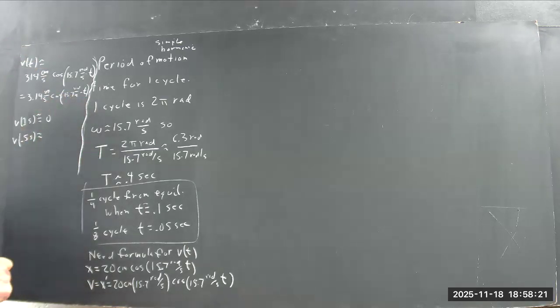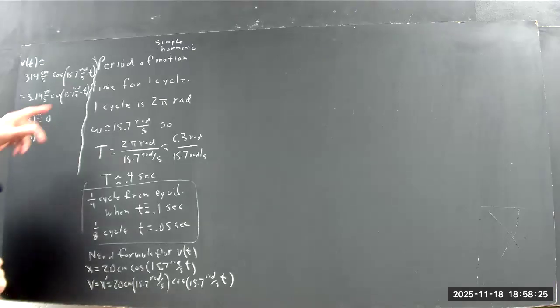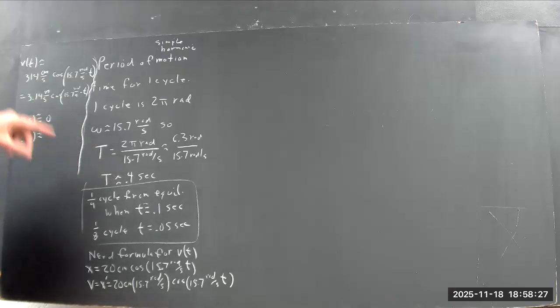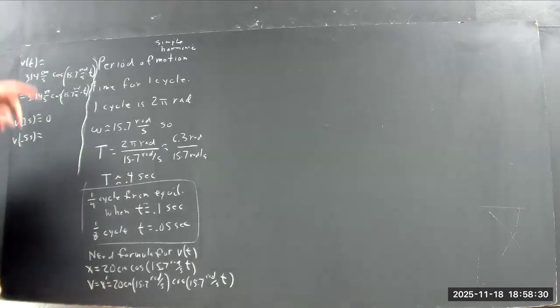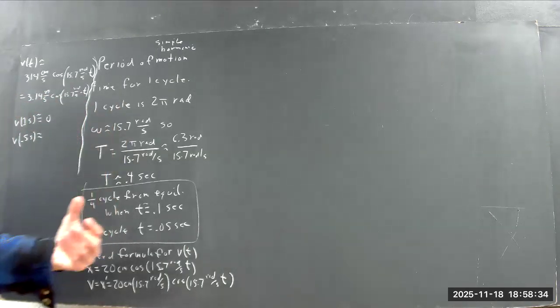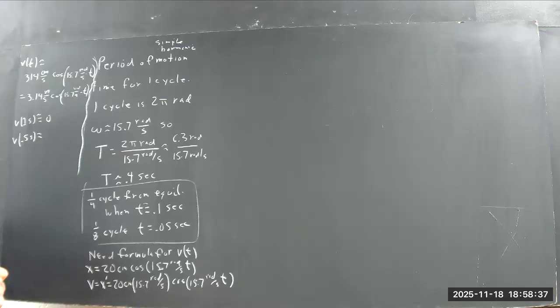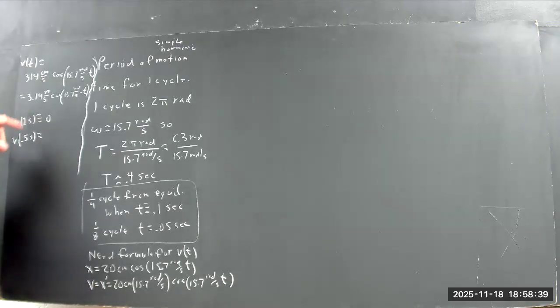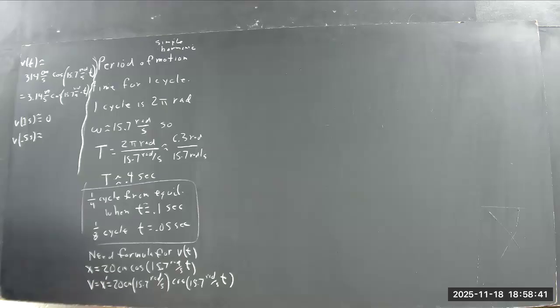Well, you multiply. I'm tempted to call this pi over 4, but I'm not going to. You do the cosine of this thing, and you're going to get the square root of 2 over 2, which is like 0.707. And you multiply 0.7 times 3, you're going to get 2.1. Getting my decimals messed up.